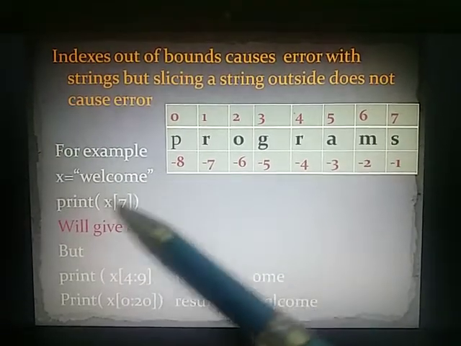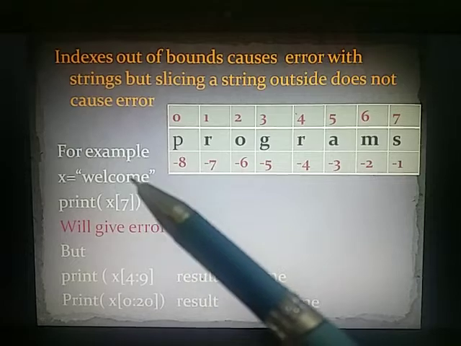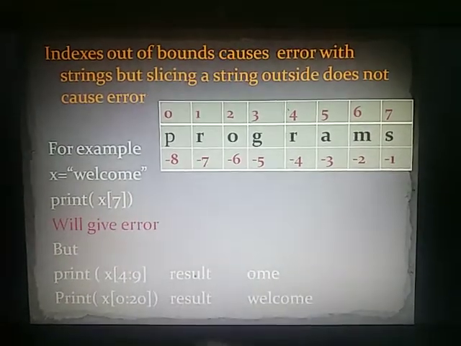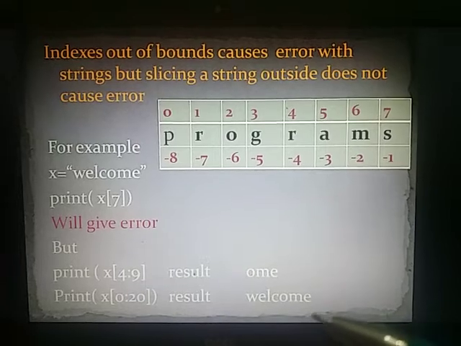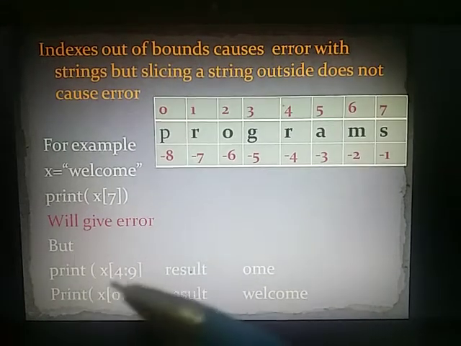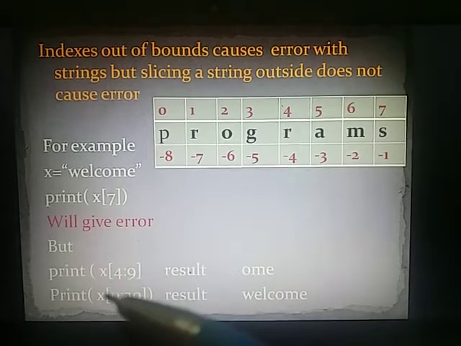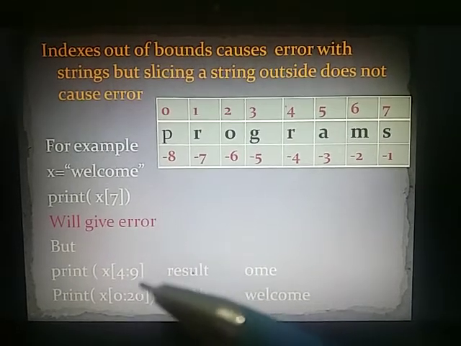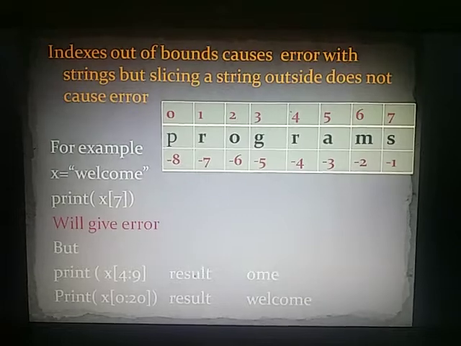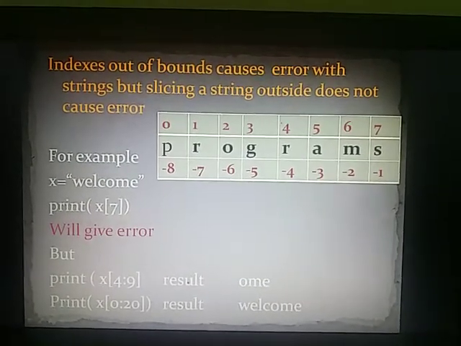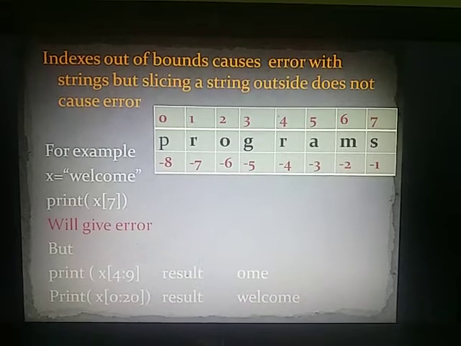There are only how many words? 4 words. 20 is not an index number of this welcome, but even then it gives us the correct output. So from this we can conclude that if you give an invalid starting or ending number, then by default it will consider it as 0 and length -1.